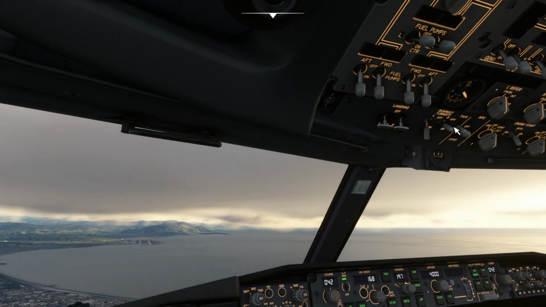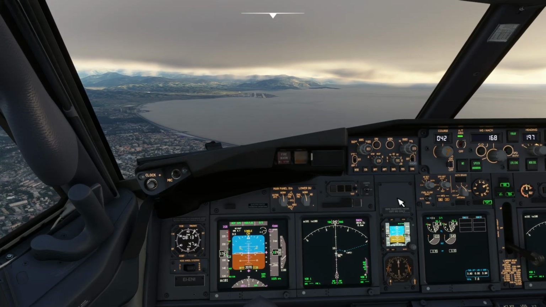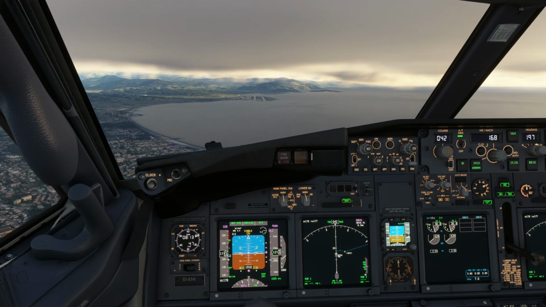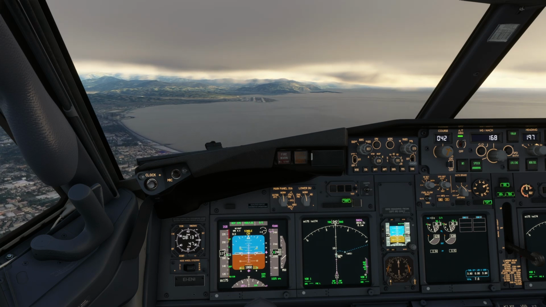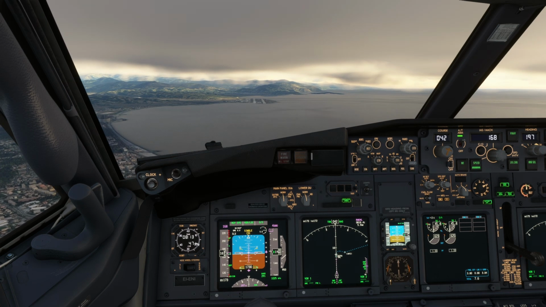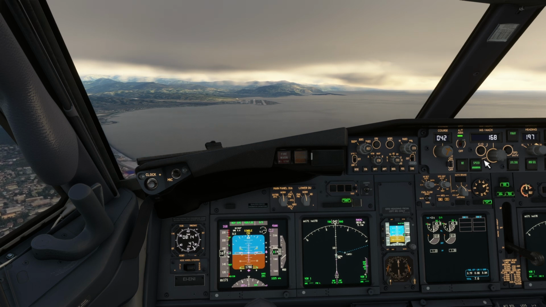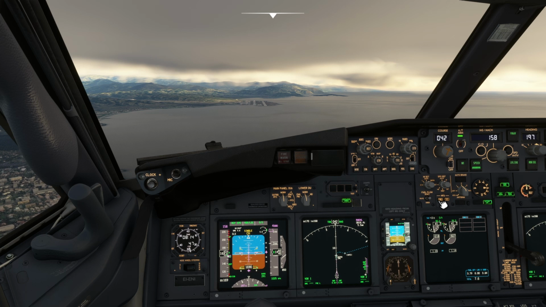You just pull the nose as much as possible, obviously preventing a stall, until the aircraft finally touches down, but it's something that you're technically trying to avoid. Like, you cannot just let the aircraft land, because if not, it's going to be a hard landing.